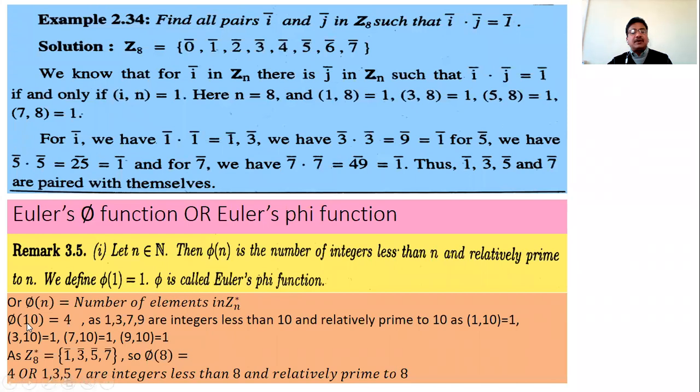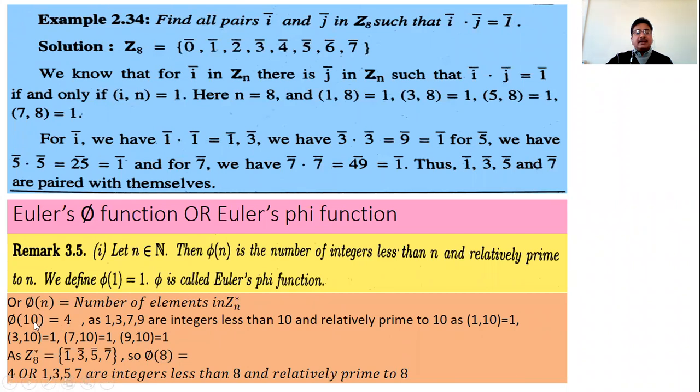No, because their greatest common divisor is 2. 5 is not relatively prime to 10 because the greatest common divisor of 5 and 10 is 5. 6 is not relatively prime to 10 because the greatest common divisor of 6 and 10 is 2. Then 7 and 10, yes, the greatest common divisor is 1, and therefore 7 is relatively prime to 10.